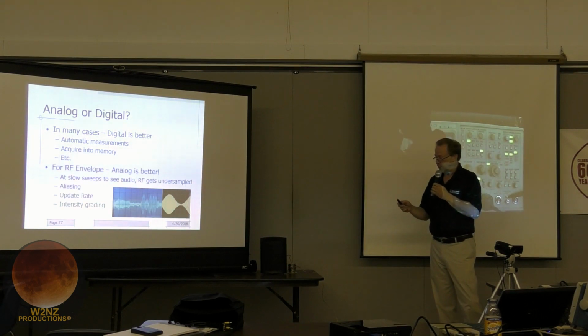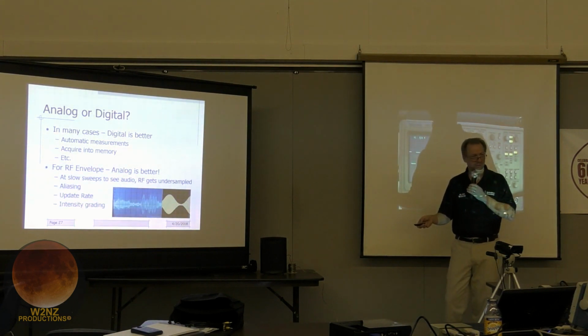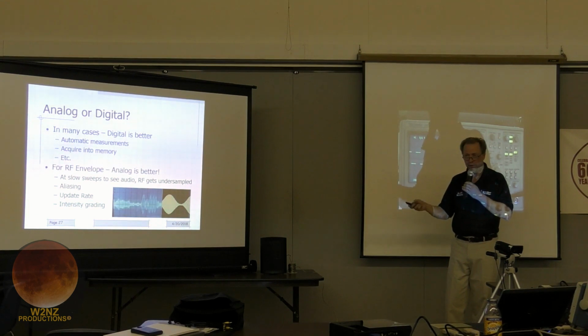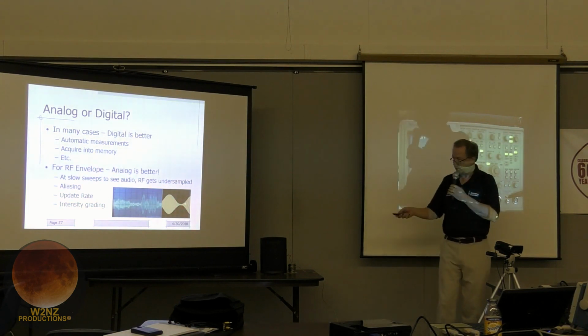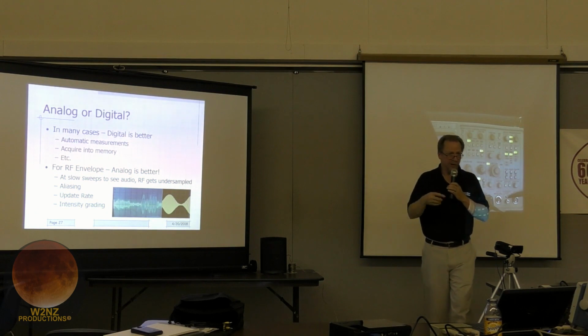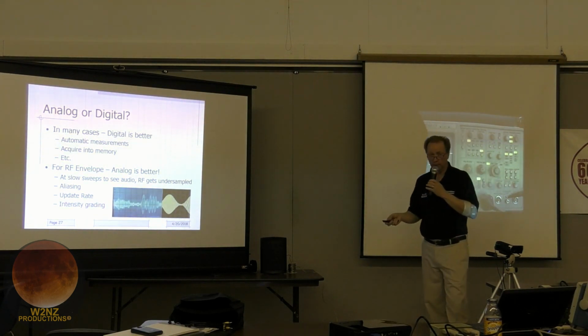Also, some of the digital scopes don't do any kind of intensity grading. So which one of these is more fun to look at? This one that comes from like the old Heathkit station monitor, or the SM220 like I've got at my shack, or a digital scope. And because this is involving a lot of processing, the update rate, how quickly it's responding to your voice and things like that, is not going to be like an analog scope is.